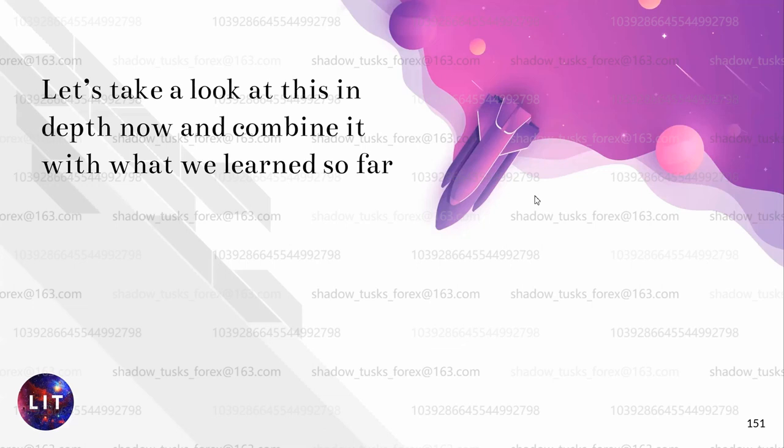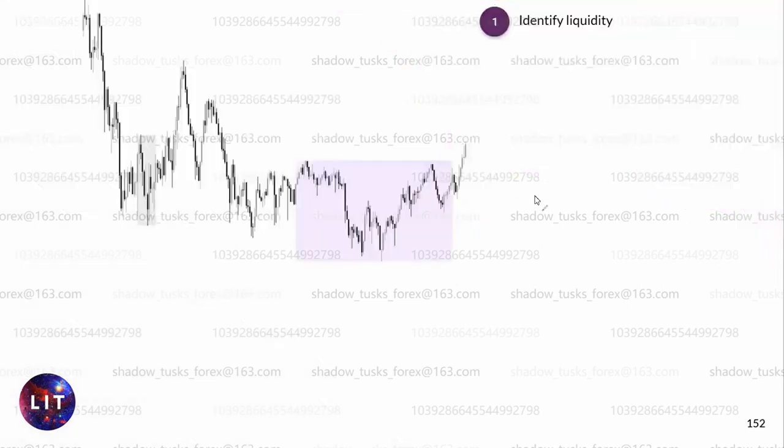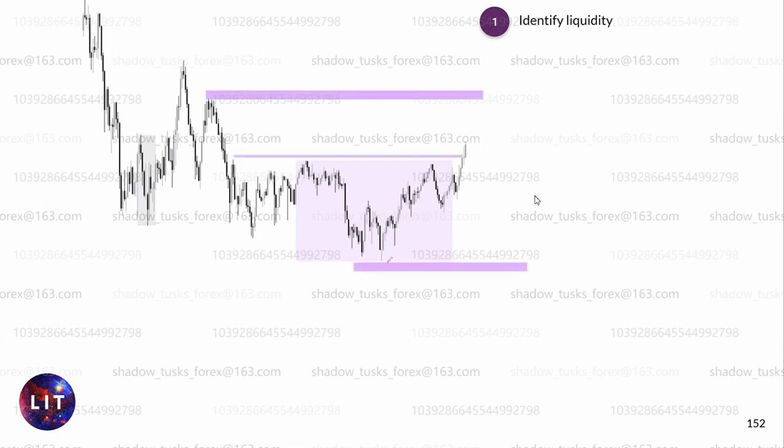But of course, let's take a look at this in depth now and combine it with what we have learned so far. So, just minor structure, but more intraday, as we need to complete the whole daily cycle. The first thing we will do, as we see here, is identify the liquidity from an internal point of view. We already see that we definitely have Asia low liquidity here.